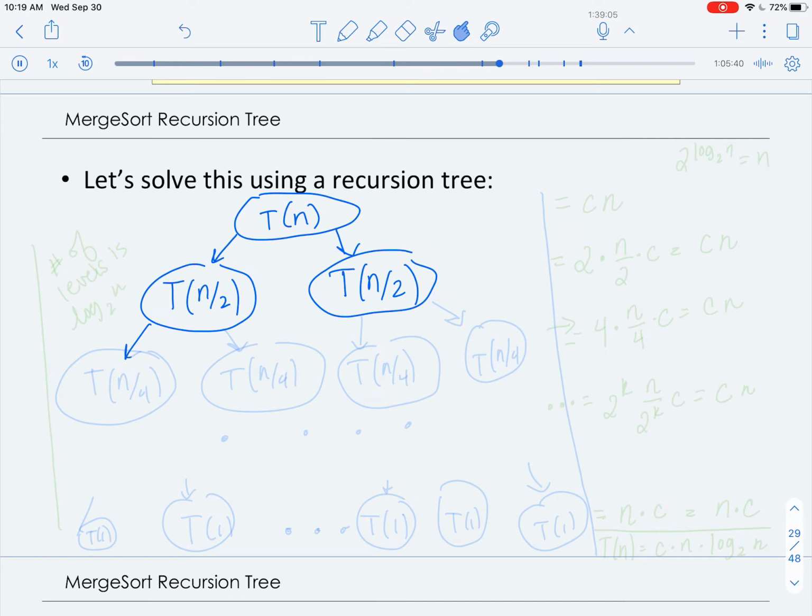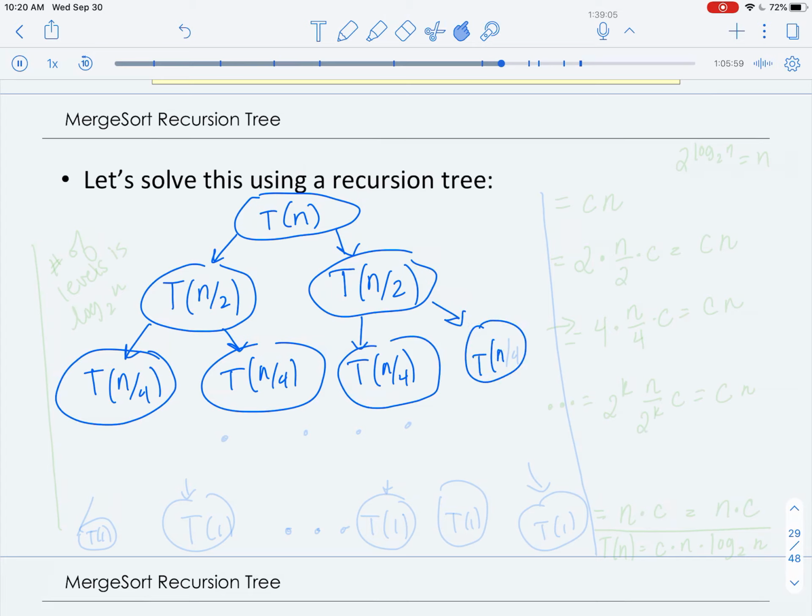Then you'll notice that each of these would have to make a call on n over 4, and so forth. I'm not going to draw the whole tree, but you can see that we have a pattern going on. Then I'm going to put some ellipses.